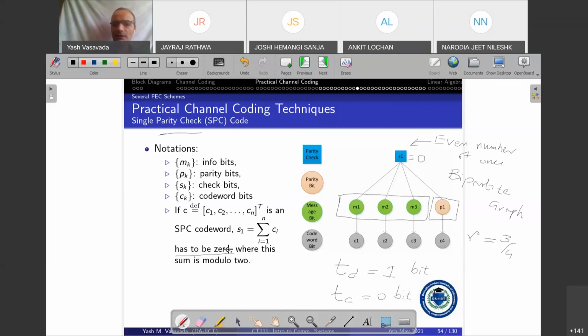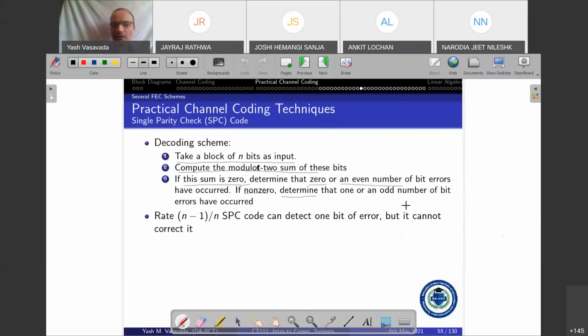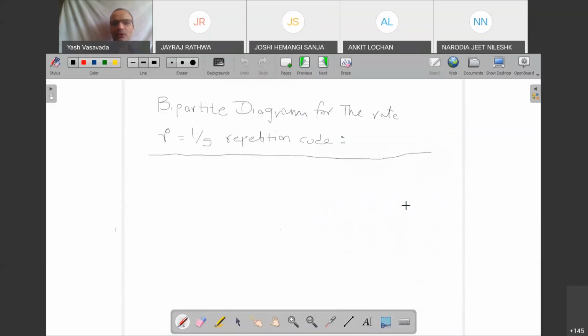And that is what is indicated by this bipartite diagram, where these connections mean that at S1, these 4 nodes are getting added up. So now what I would like to ask you is to draw the bipartite diagram for rate 1/5 repetition code.